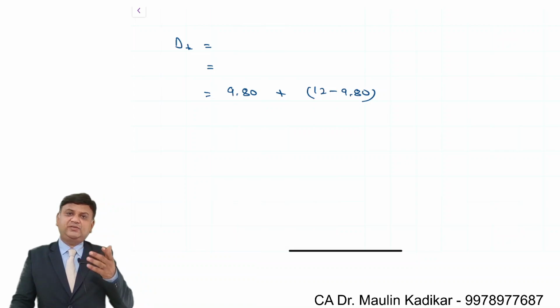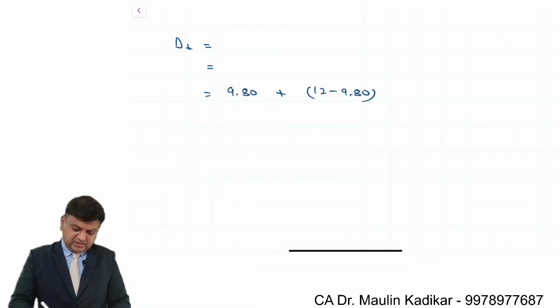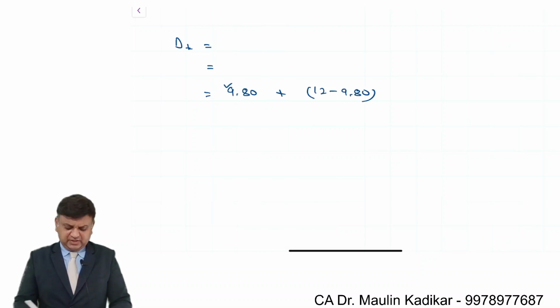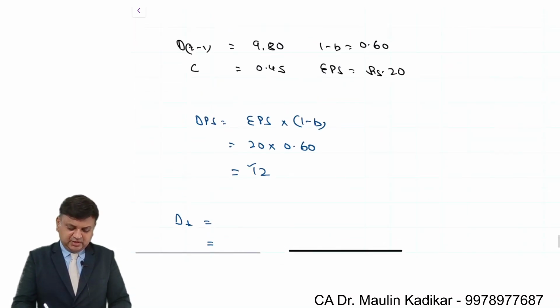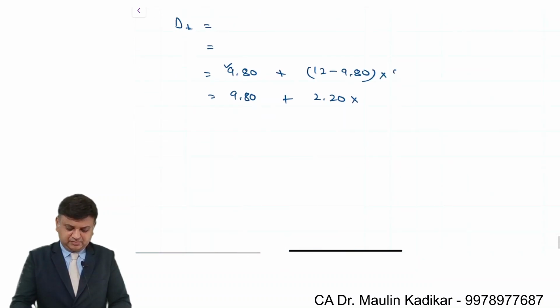What is the current year's dividend? Previous year dividend plus an increase. What is the amount of increase? It is 2 rupee 20 paise in this example, multiplied with the dividend adjustment rate, that is 45%.